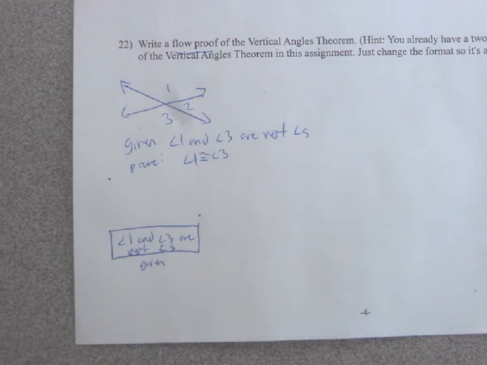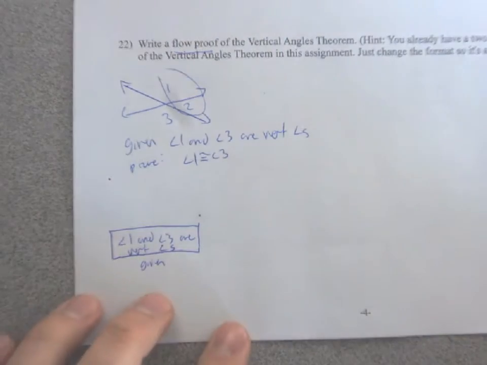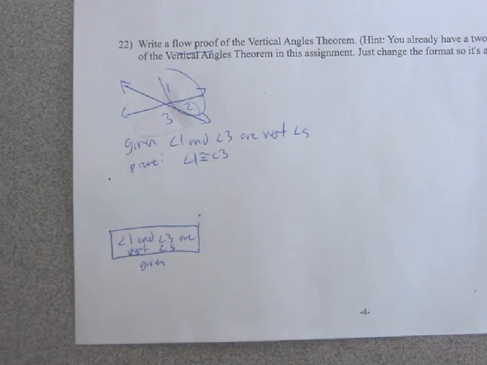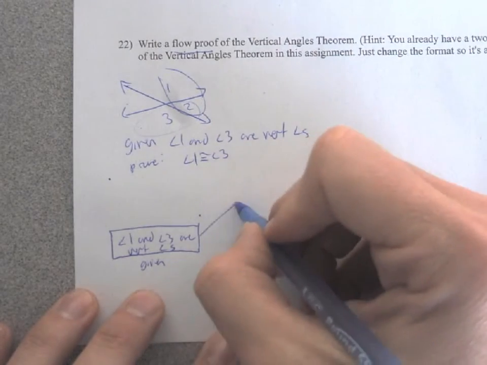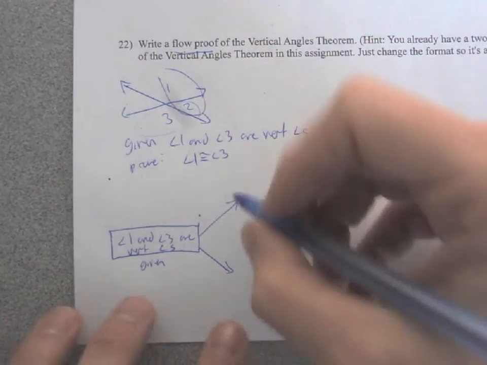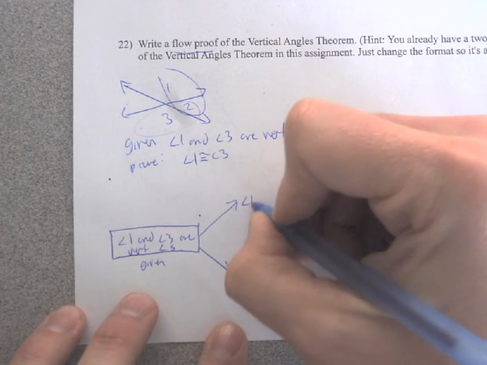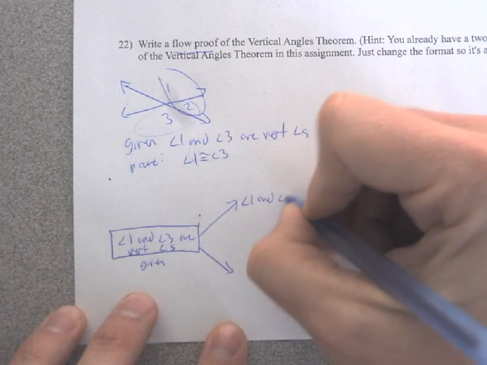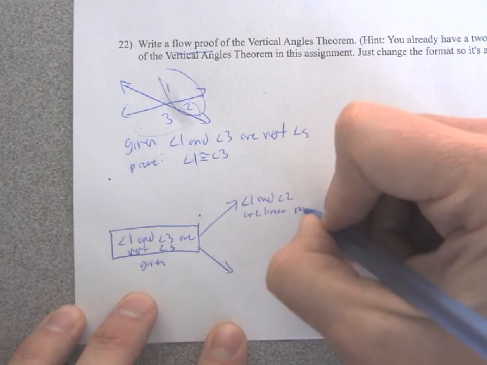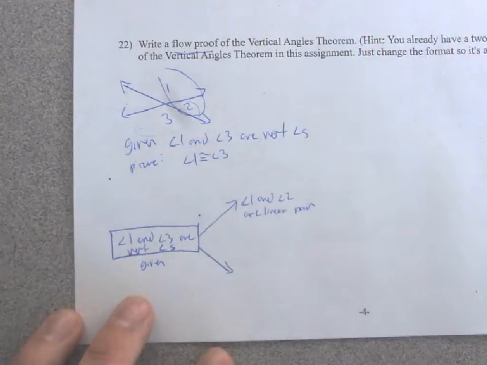Okay, now from there we split off into two different pathways, because now there are these two groups of angles that we're going to talk about, this pair, and this pair. So we're going to have parallel statements for those two angle pairs, right? So we know angle 1 and angle 2 are a linear pair, based on the fact that 1 and 3 are vertical angles.